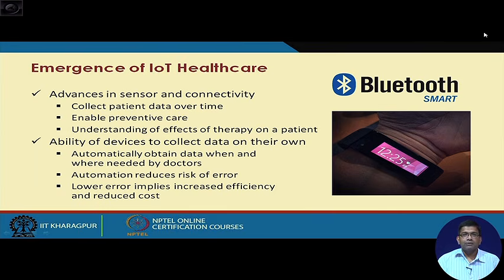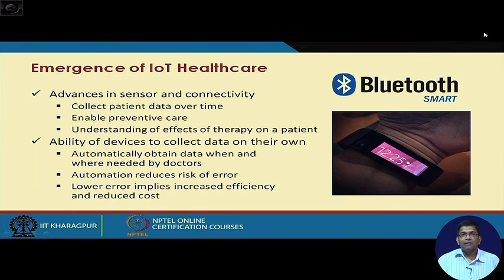This data is collected and can be analyzed further, either locally or remotely, for different purposes. For example, to enable preventive care. Preventive care means you collect the data over time and based on that you try to understand whether a critical ailment is going to come in the future for that particular patient. So, this is number one.